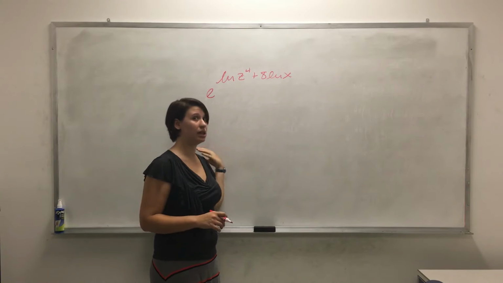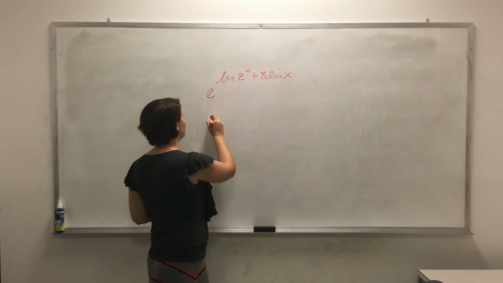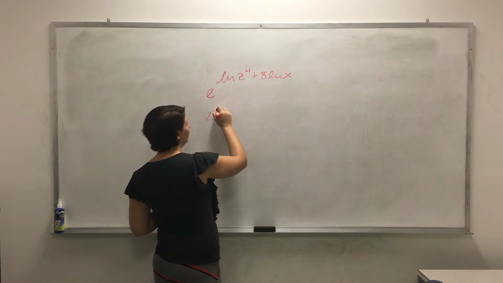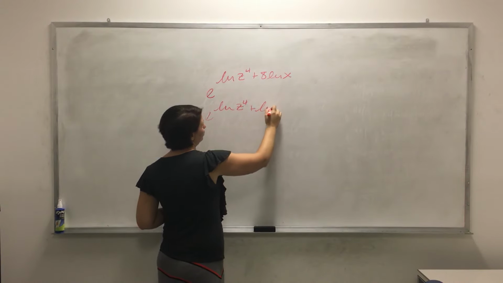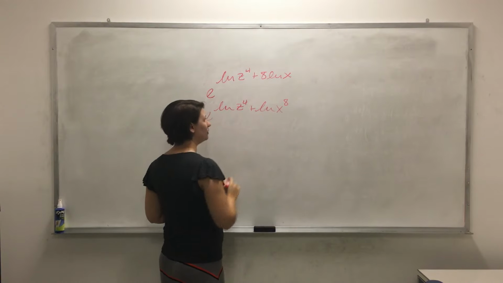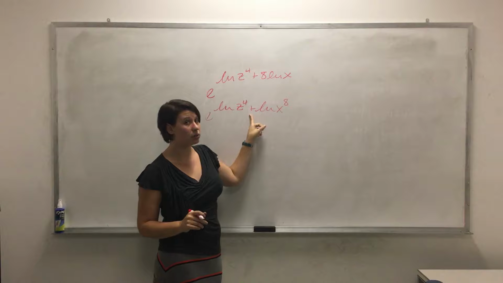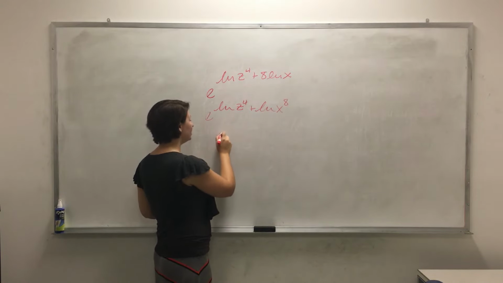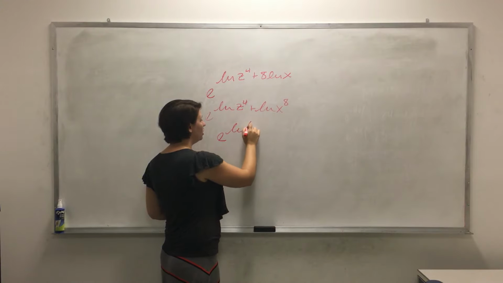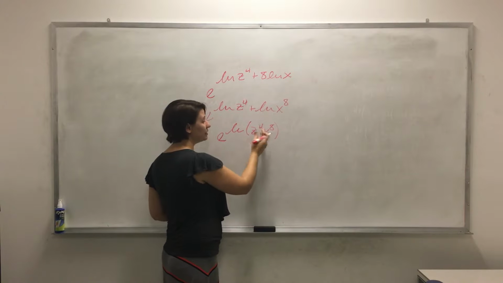Just like the last one we did, let's move the coefficient up to be a power. So first step, we have e to the natural log of z to the fourth plus the natural log of x to the eighth. Now, addition with logs, we know we combine and multiply their insides. So this is e to the natural log of z to the fourth times x to the eighth. It doesn't matter what order.